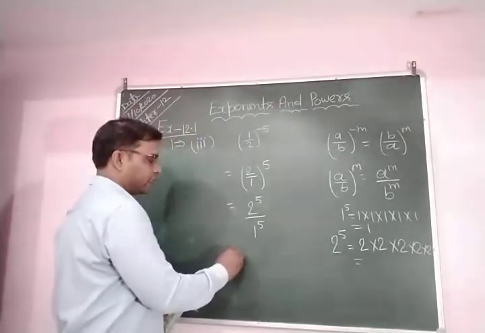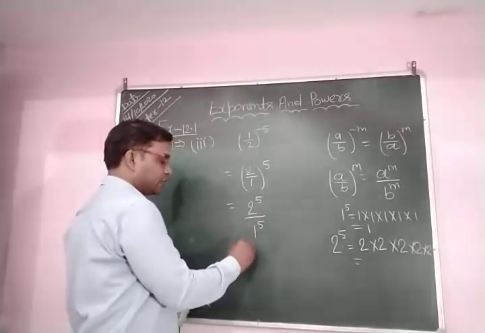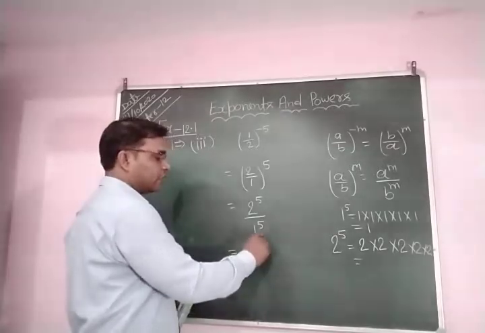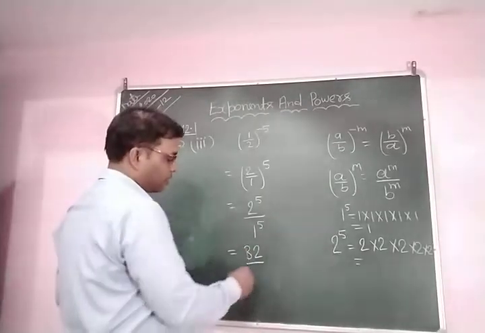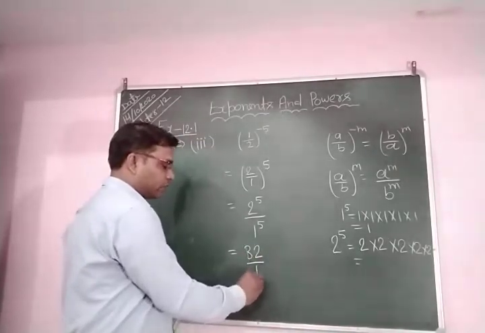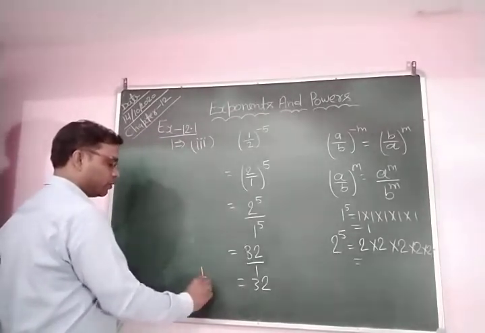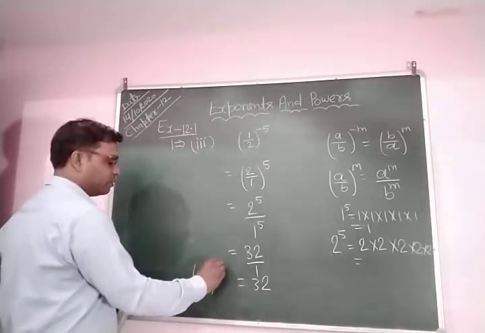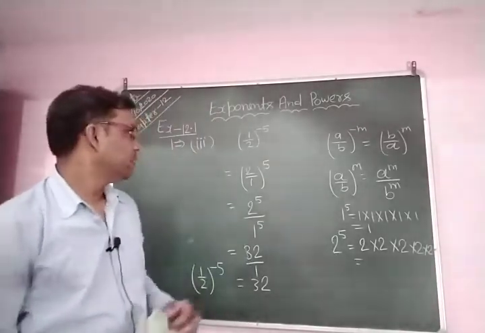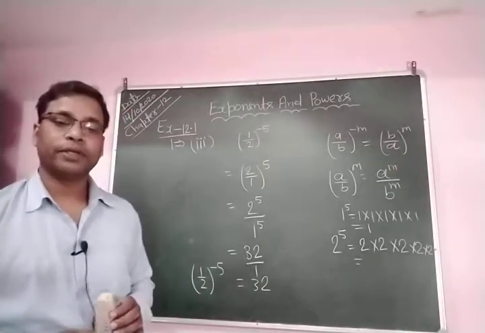So here you can see the value of 2 power 5 is 32, and the value of 1 to the power 5 is 1. So you have 32, and your question, 1 by 2 whole power minus 5, gives 32. So in this way you complete question number 1 of this exercise 12.1.